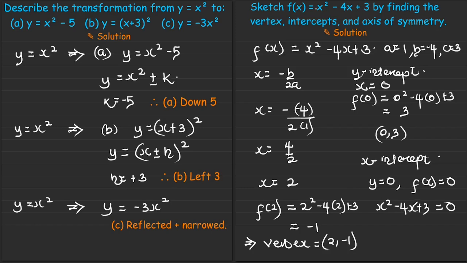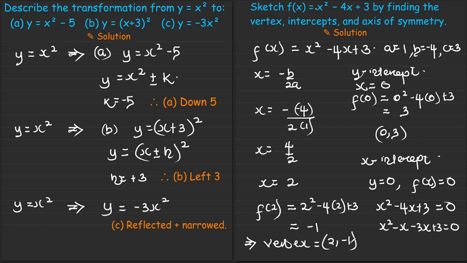So for x squared minus 4x plus 3, we have the factorization method, the completing of squares, and the formula. We use the factorization method when we can multiply our a by c and find the factor pairs of ac, which when we add will give us negative 4. If you have gone through the lesson, then it will be simple, and we are just going to get x squared minus x, then minus 3x plus 3 is equal to 0.